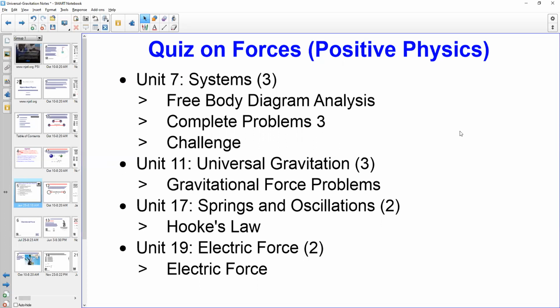Then Unit 17 has 2 questions, and these you've already done before. We did these right after Christmas with Hooke's Law. And so it's the Springs and Oscillations unit. There will be 2 questions on the Hooke's Law skill. And then Unit 19 has 2 questions on electric force.